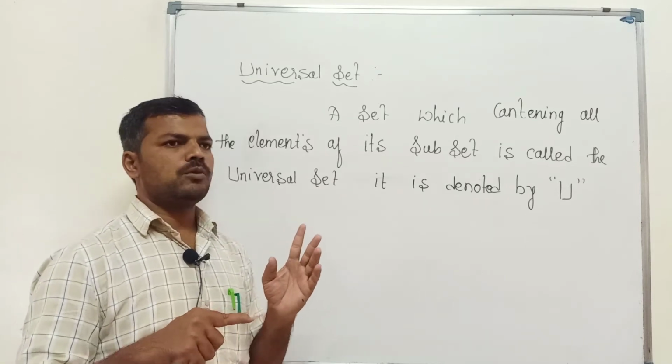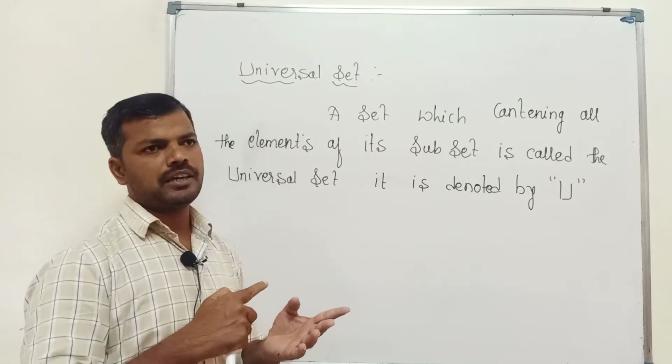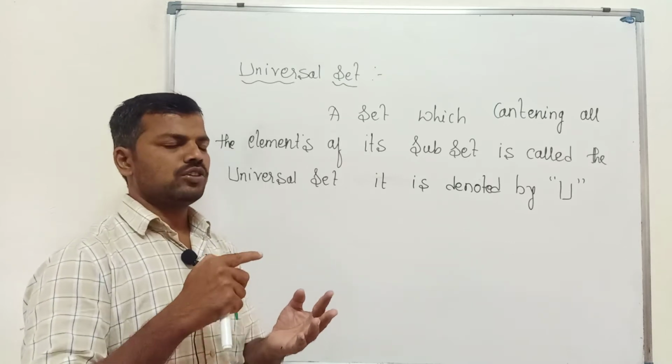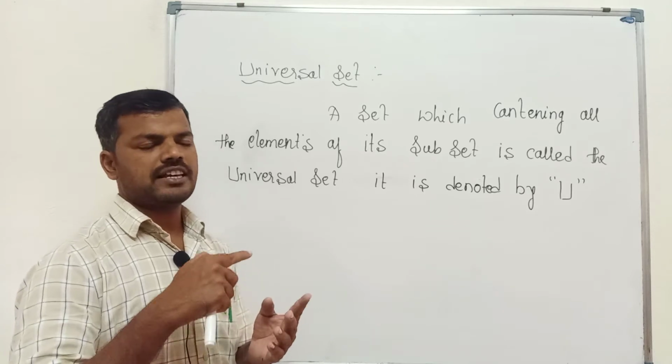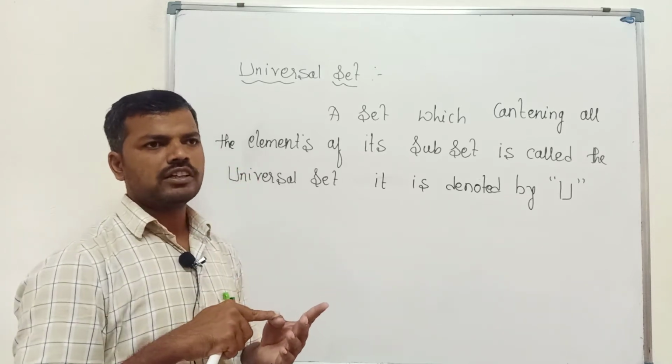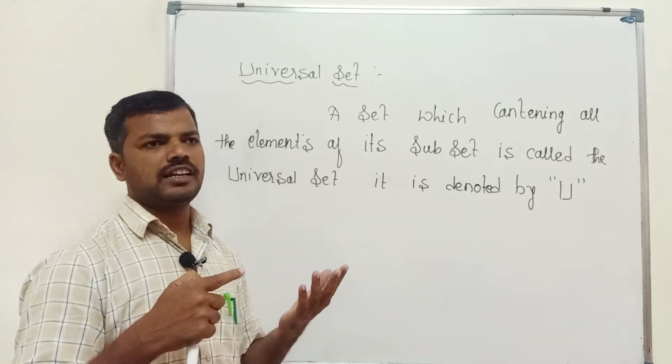We already know about a subset. When we say A is a subset of B, we have already known that if every element of A is an element of B, then A is a subset of B. And we have already known which are the subsets of the real number.